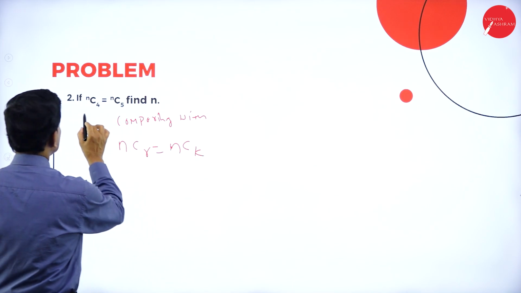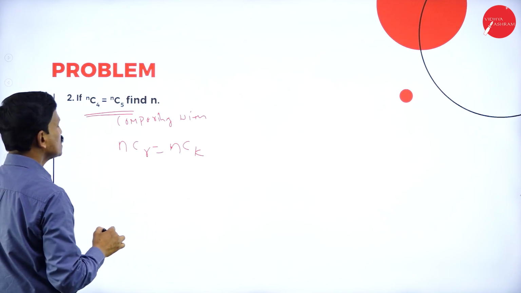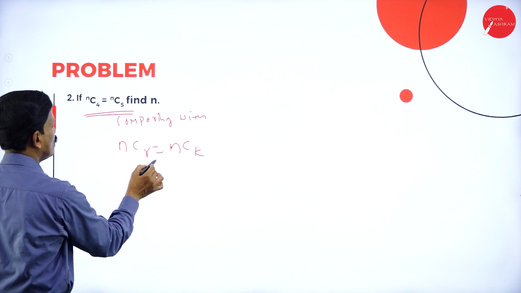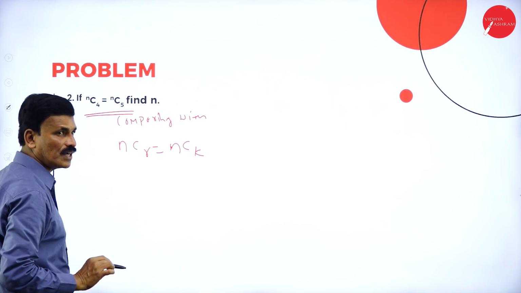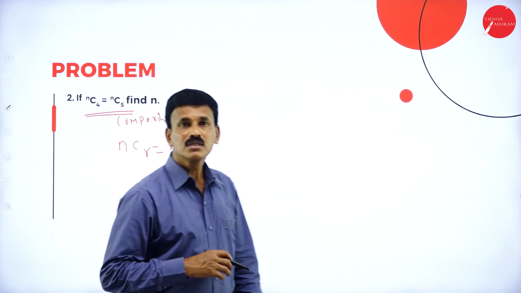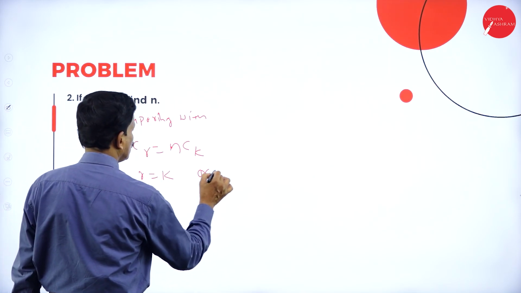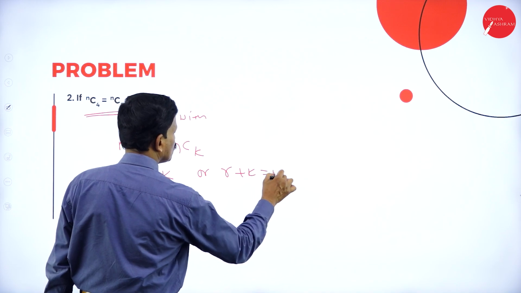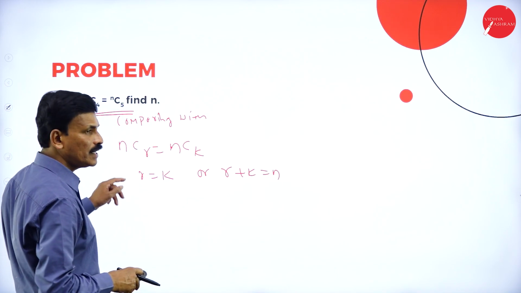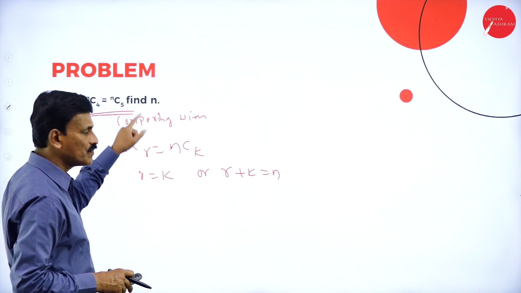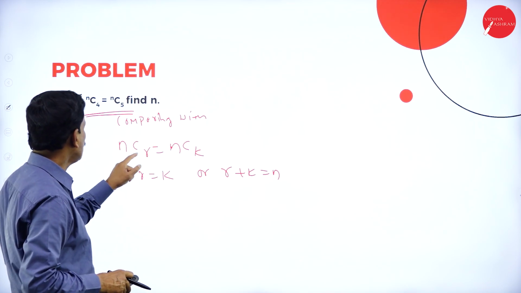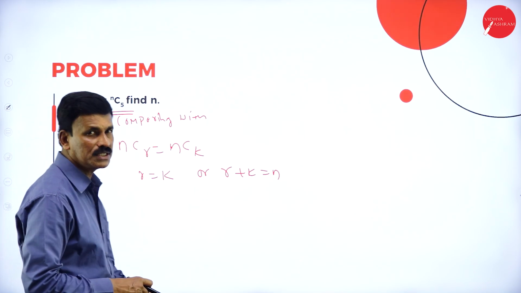See here, nC4 is equal to nC5, comparing with nCr is equal to nCk. Then what happens? Then the value of r is equal to k, or r plus k is equal to n. See here, if we compare this, nCr is equal to nCk, r is equal to k, or r plus k is equal to n, right?